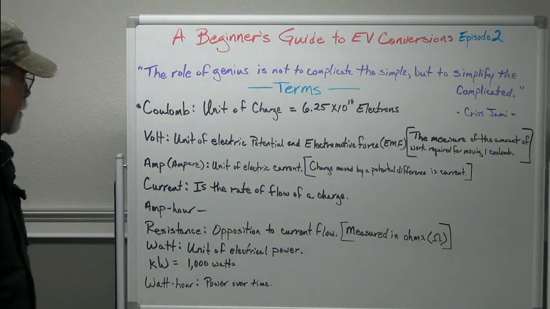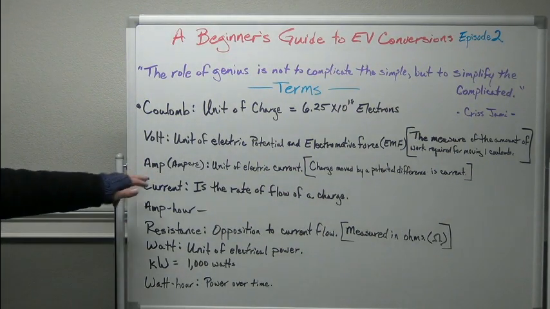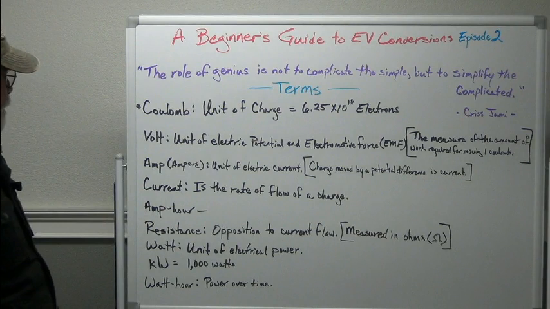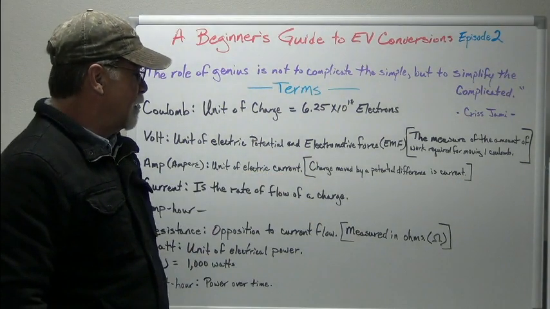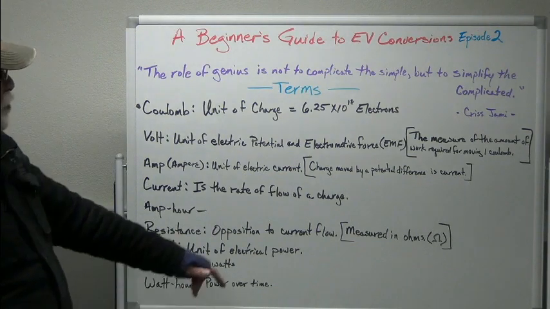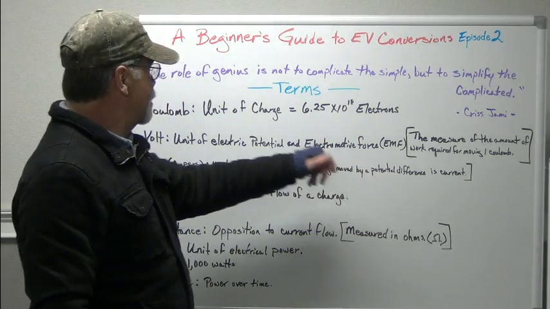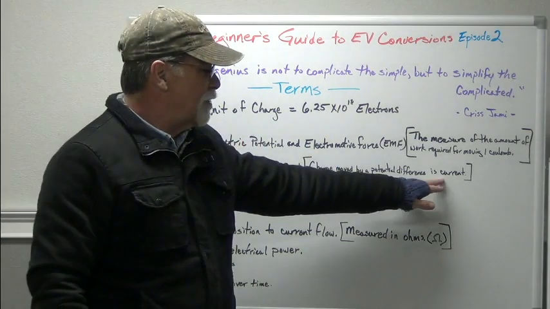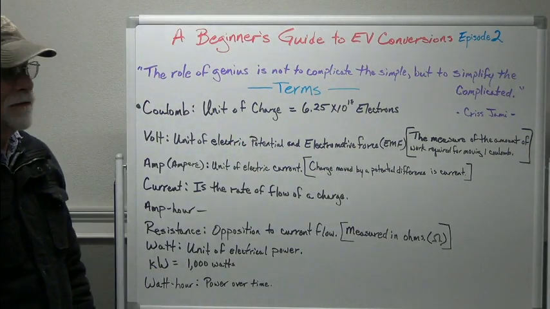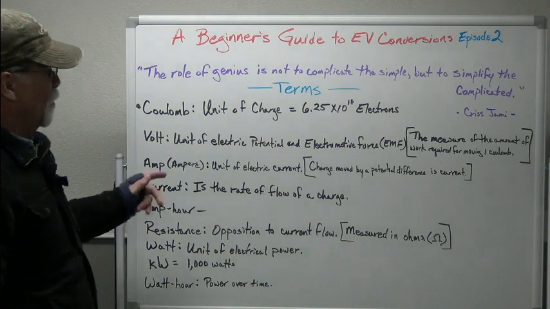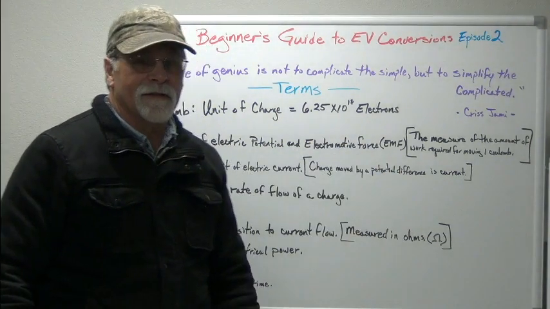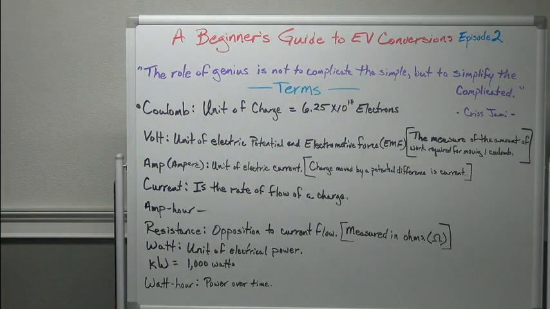Next is the ampere, which we refer to as an amp. It's a unit of electric current, and charge moved by potential difference is current. So we're moving those electrons, that's current.